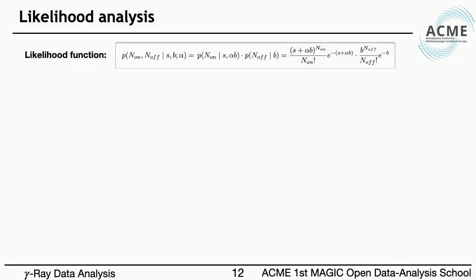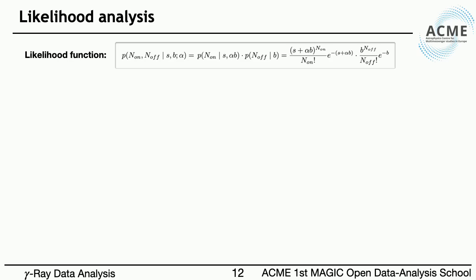Now, at this point, we have all the instruments for estimating the excess. There are different ways of performing this estimation, but the more standard way is to perform a so-called likelihood analysis. The first step is to construct the likelihood, which is shown here on the top. Let me briefly tell you what the likelihood is. The likelihood is a function of the parameters of the model.